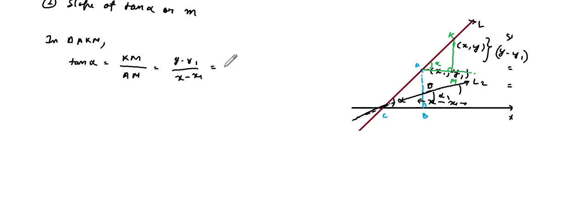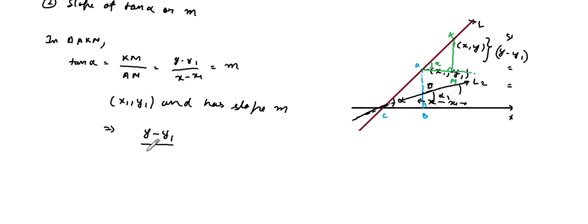So this is also known as the slope of this line. If someone asks you the equation of a line which passes through x1, y1 and has slope m, your answer should be y minus y1 upon x minus x1 is equal to m, which implies that y minus y1 is equal to m multiplied by x minus x1.